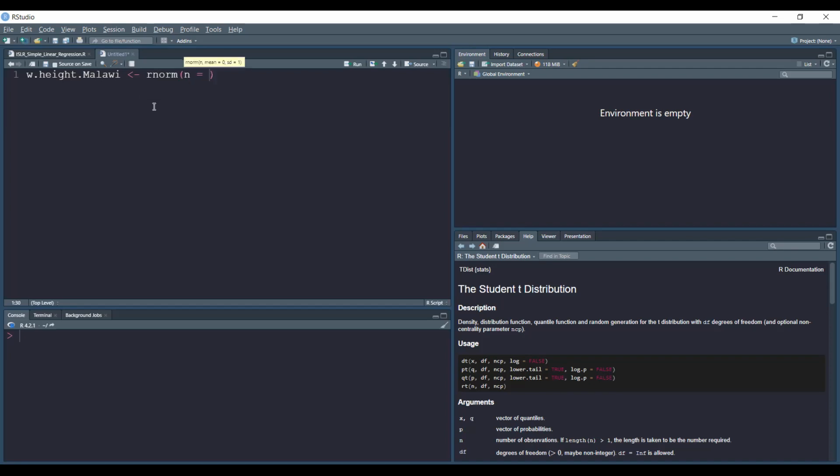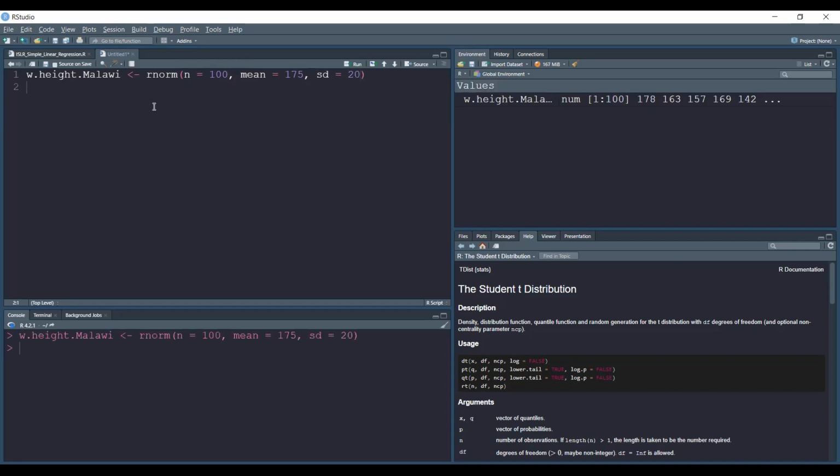So I tell R to generate 100 with a mean of 175 centimeters and a standard deviation of, say, 20. You do it, and we can now do a little histogram.